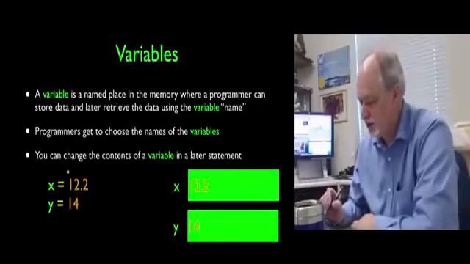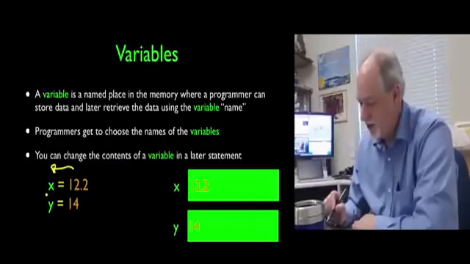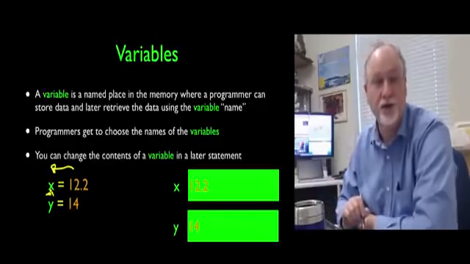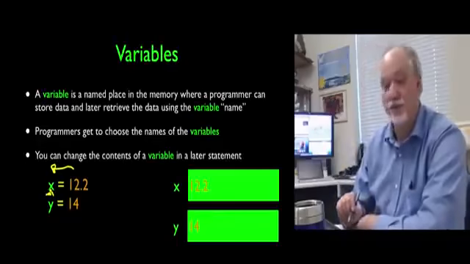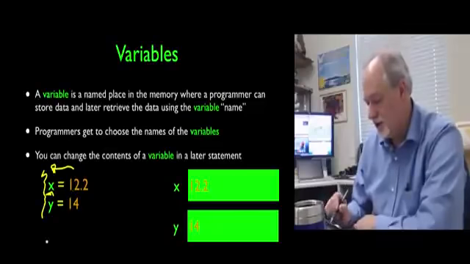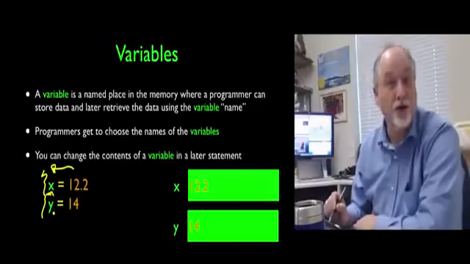The way to think of the assignment statement is that it has a direction. We're saying, dear Python, go find some memory. I will use the label x later to refer to that memory, and take the number 12.2 and stick it into x. This is sequential code. Then the next thing I'd like you to do is go find some more memory, call it y.